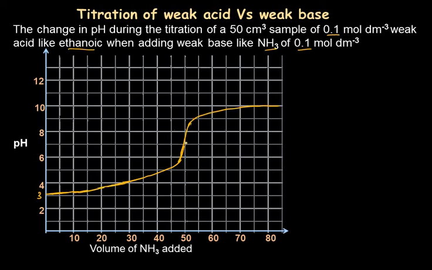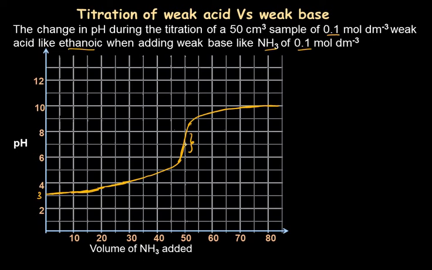So here is our curve for the titration of a weak acid and a weak base. As it's a curve for both weak acid and weak base, we don't get a horizontal line at any particular pH. Both are curves because of the weakness of the acid and base. So the vertical part of the pH curve is very small.